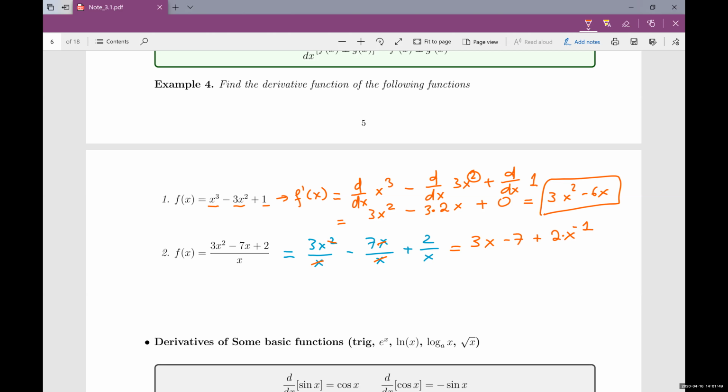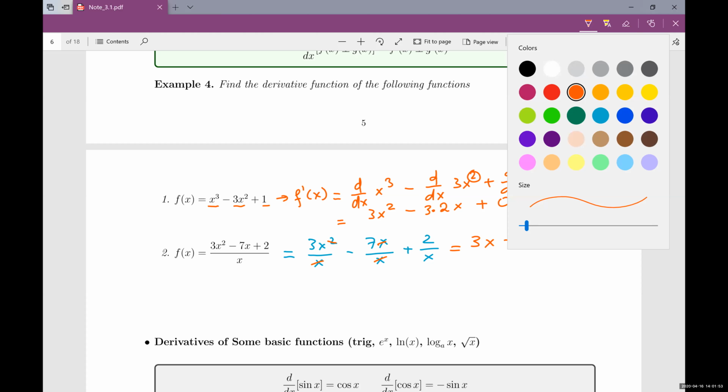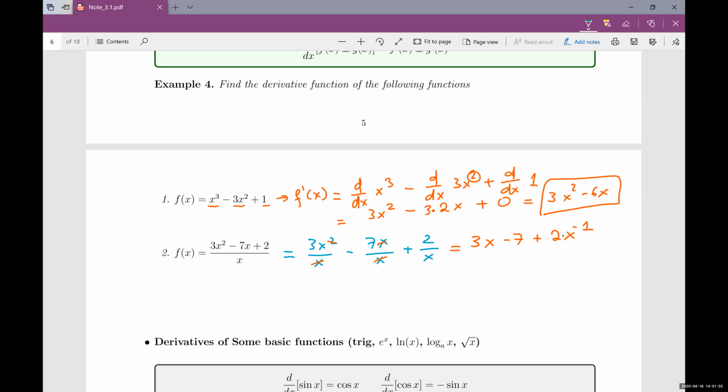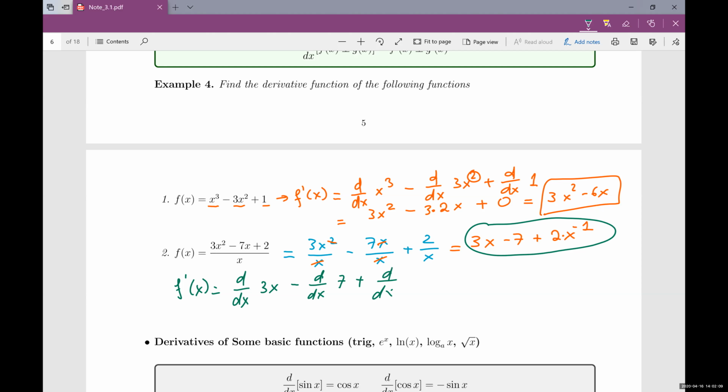So now to find the derivative of this function here, f prime of x equals, I want to use this simplified version, d over dx of 3x minus d over dx of 7 plus d over dx of 2 times x to the -1.